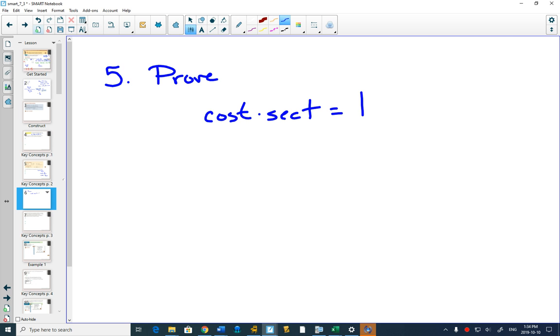And for proving identities, this is an identity because apparently this is always true. There are some rules that we have to follow for proving identities. You want to prove that this is true. You don't know that it's true yet.